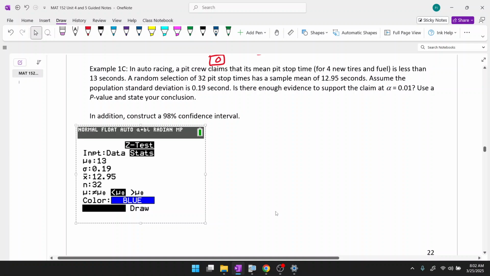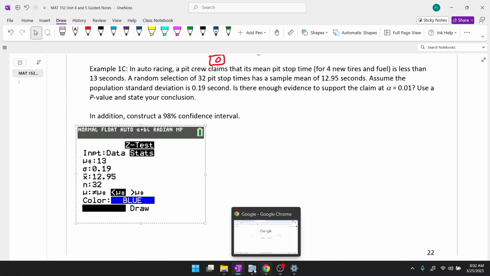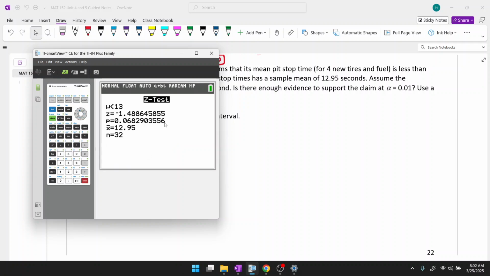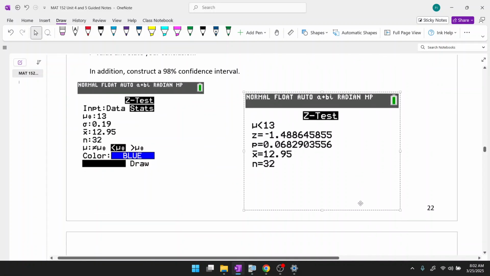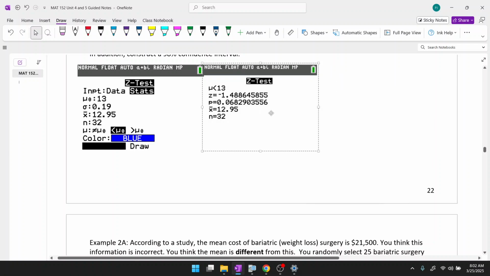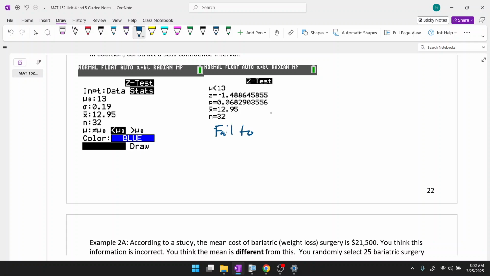The second part, question B, was reject the null. So you could probably guess by process of elimination, yeah, we are going to fail to reject the null here. So that's when you will fail to reject the null in this case.